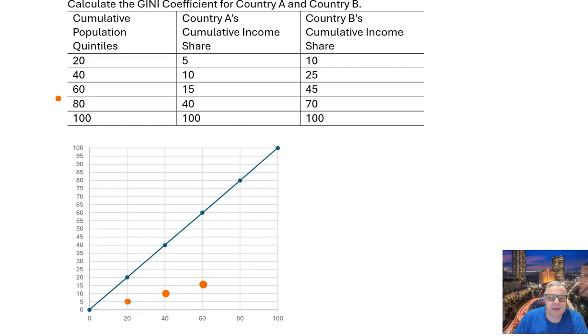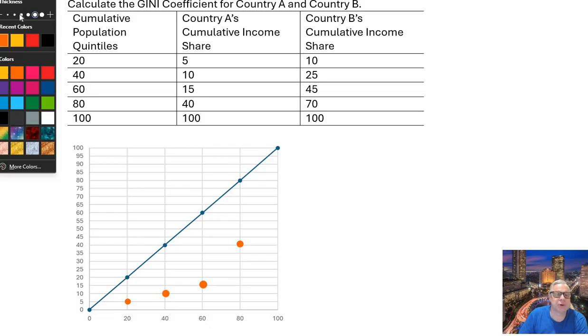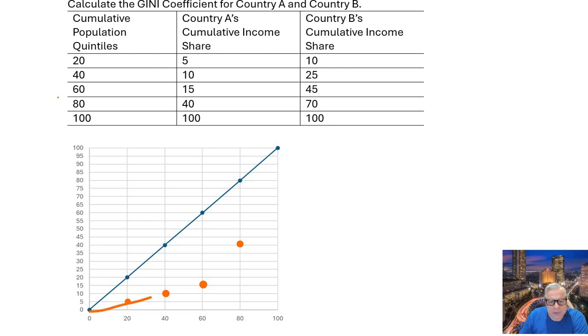Then the 80% poorest have only 40%. And then of course 100% always own 100%. So now the Lorenz curve is actually a straight line here.